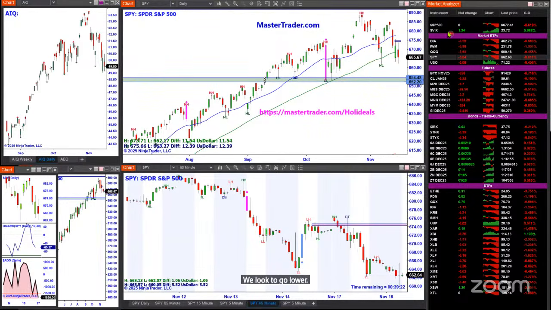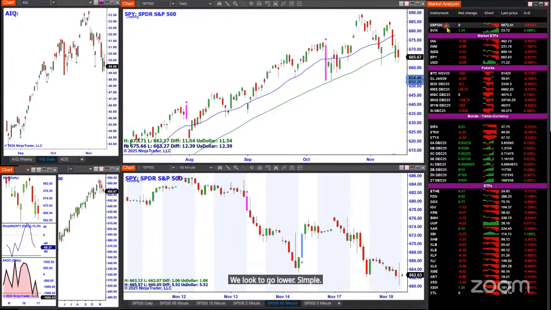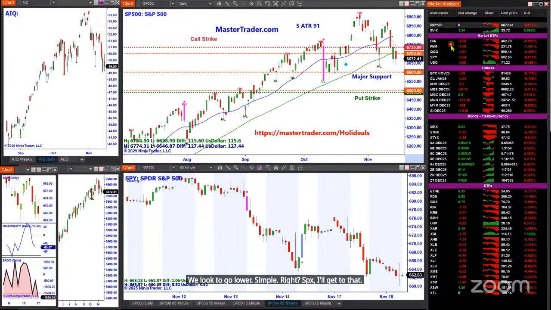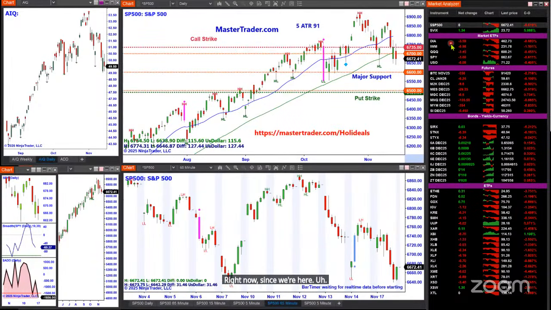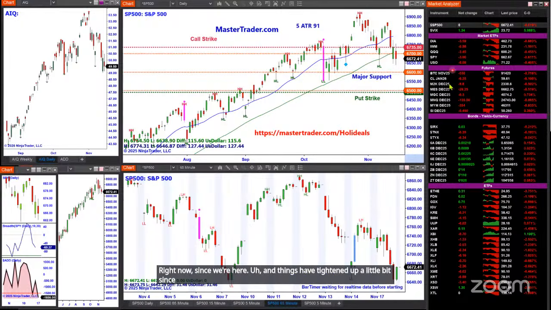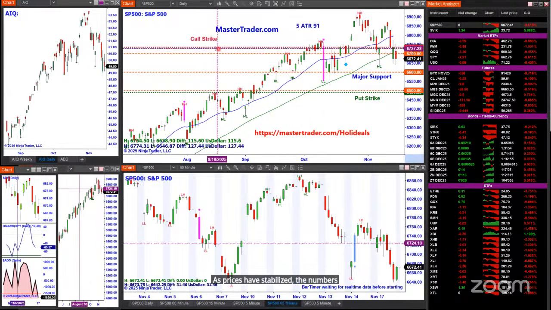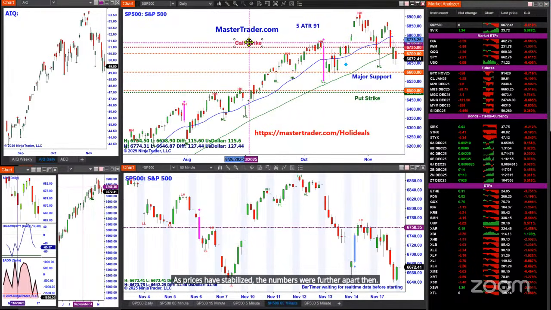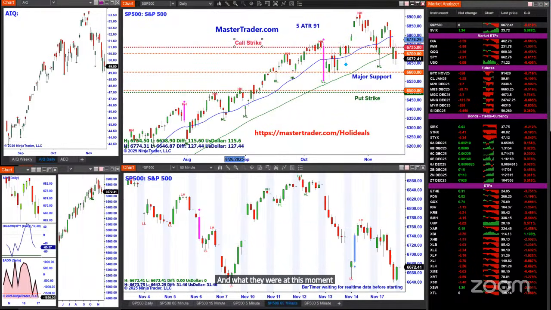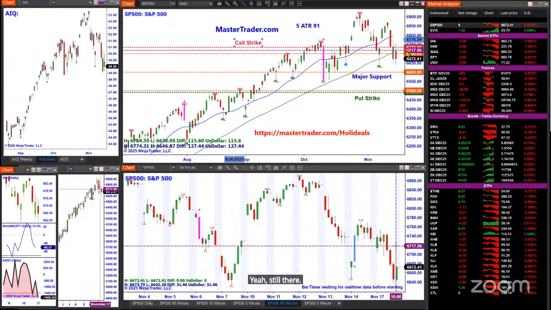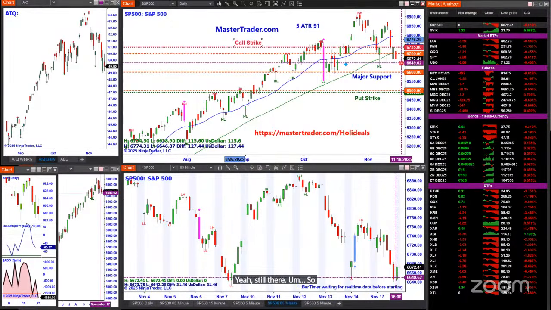Simple. Right, SPX, I'll get to that right now since we're here. And things have tightened up a little bit since earlier this morning. As prices have stabilized, the numbers were further apart than what they were at this moment. Let me just double check. Yeah, still there. So obviously, as we showed you, prices are here.